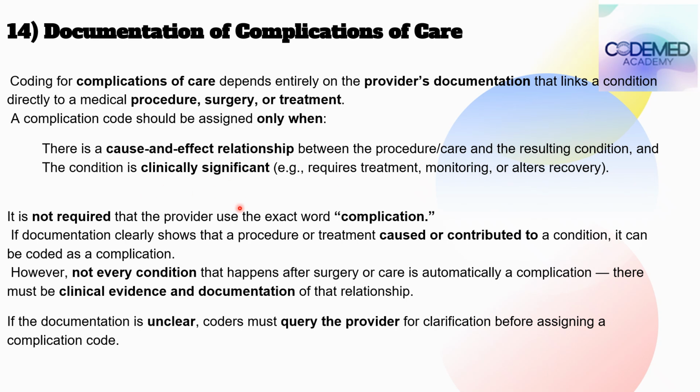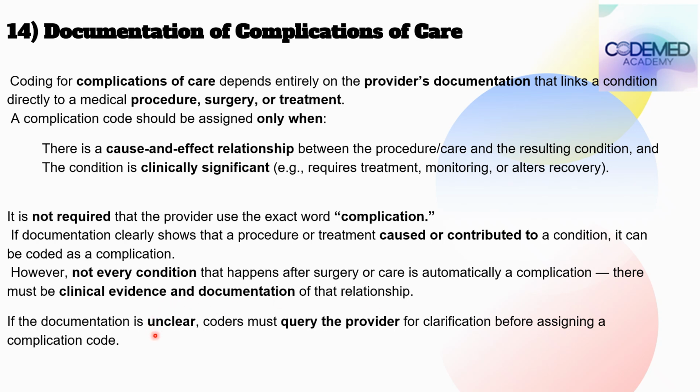If the documentation clearly shows that the procedure or the treatment caused or contributed to the condition, it can be coded as a complication. However, not every condition that happens after the surgery or care is automatically a complication. There must be clinical evidence and documentation of that relationship.